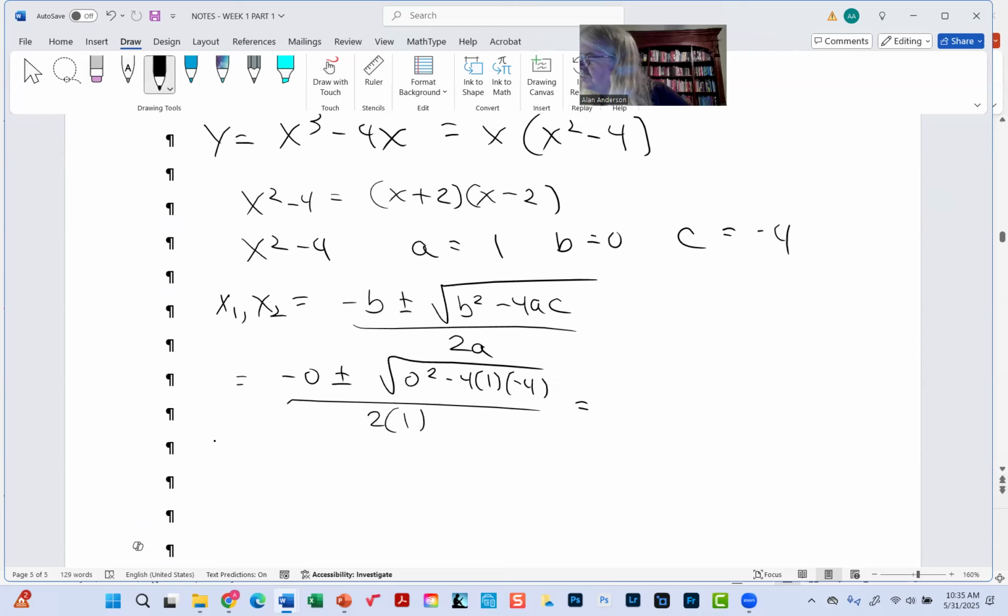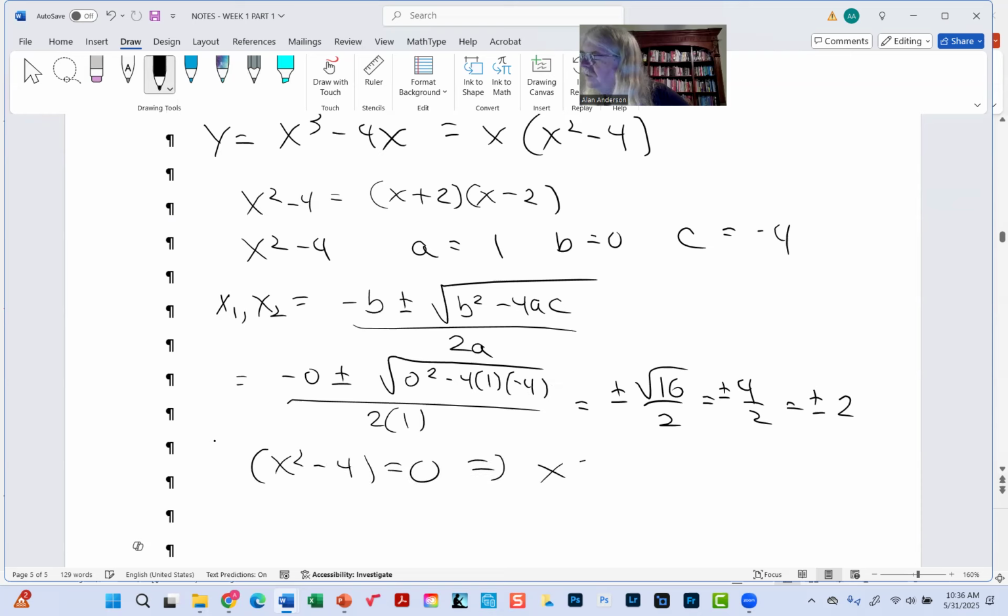Now, if you notice, this is 0. Now, if you subtract 4 times negative 4, you actually end up with 16. Plus or minus 2. So in other words, what this is saying is that x squared minus 4 equals 0 implies that x equals 2 and x equals, sorry, negative 2.